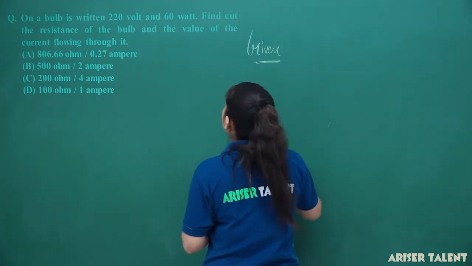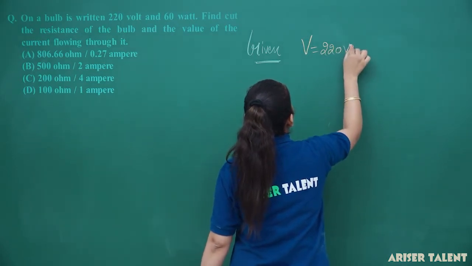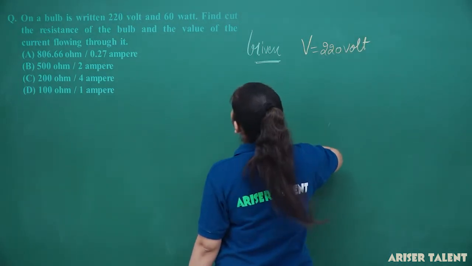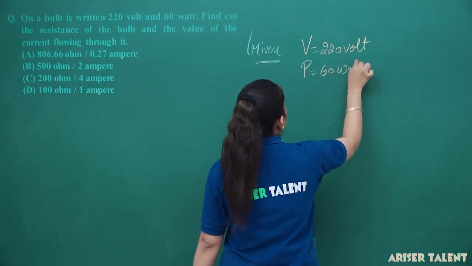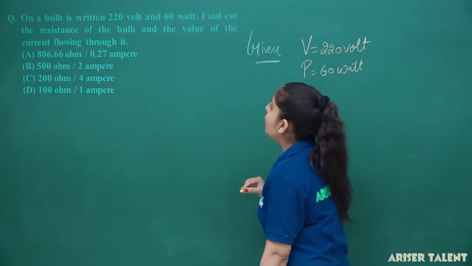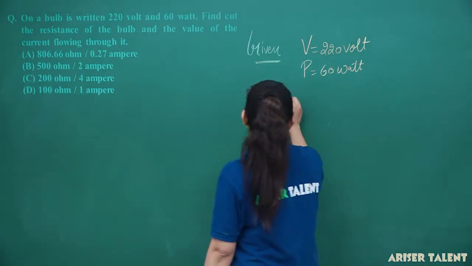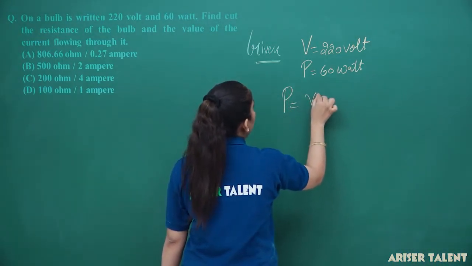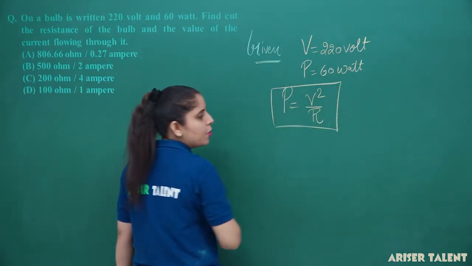The given conditions are V equal to 220 volt and power equal to 60 watt. What you have to determine, you have to calculate the resistance of the bulb. So for the power, we have a formula that is equal to V square by R. This is the formula for power.